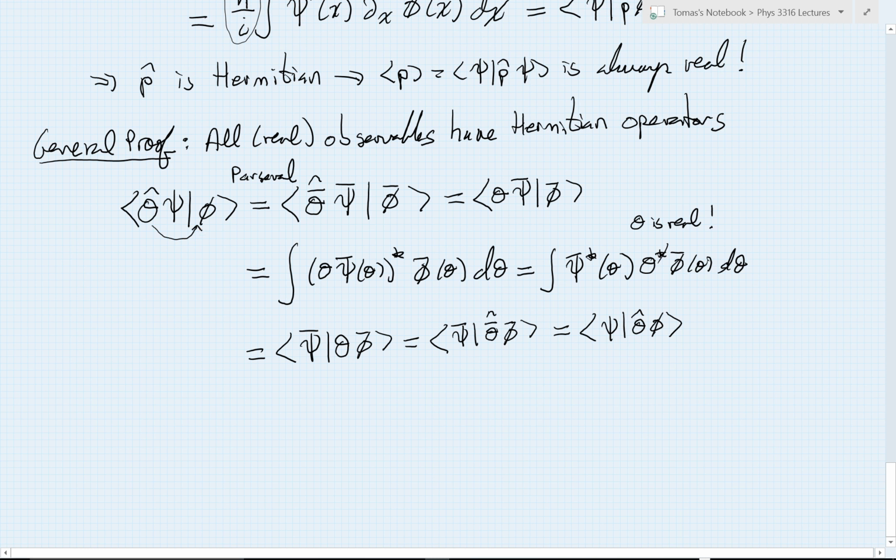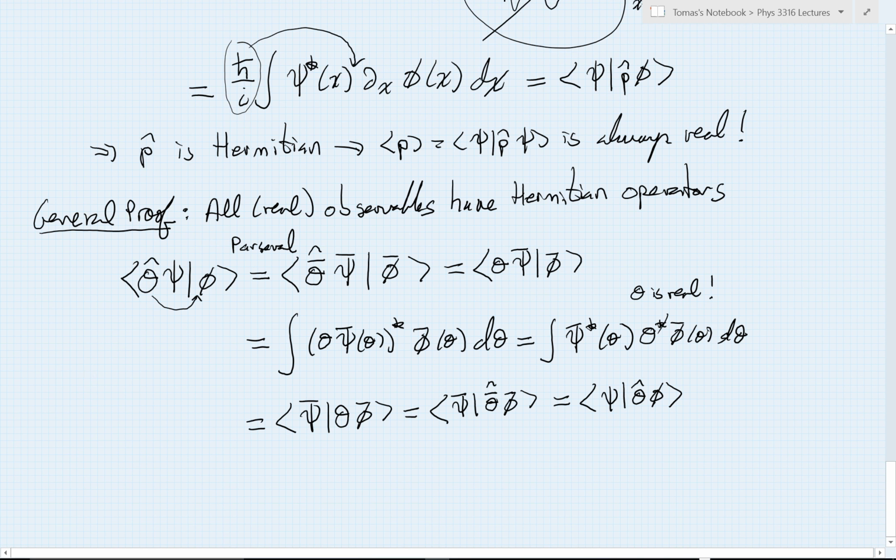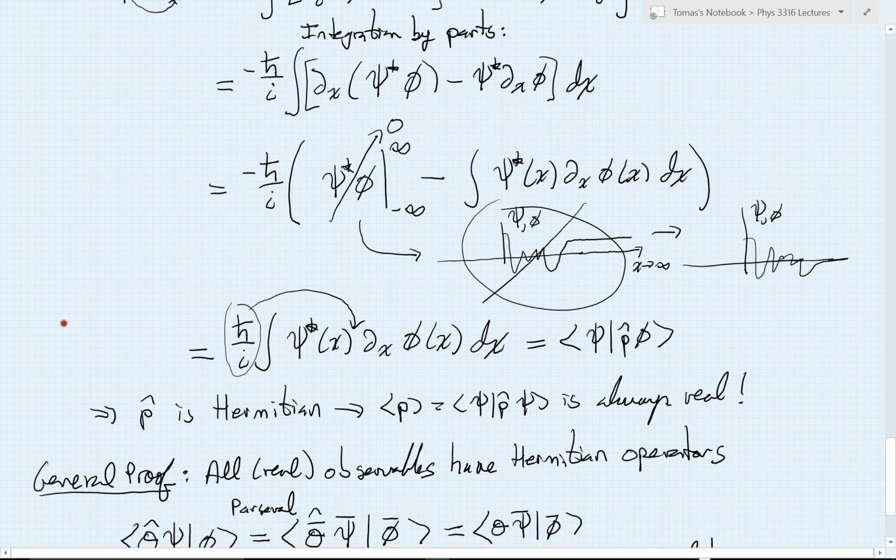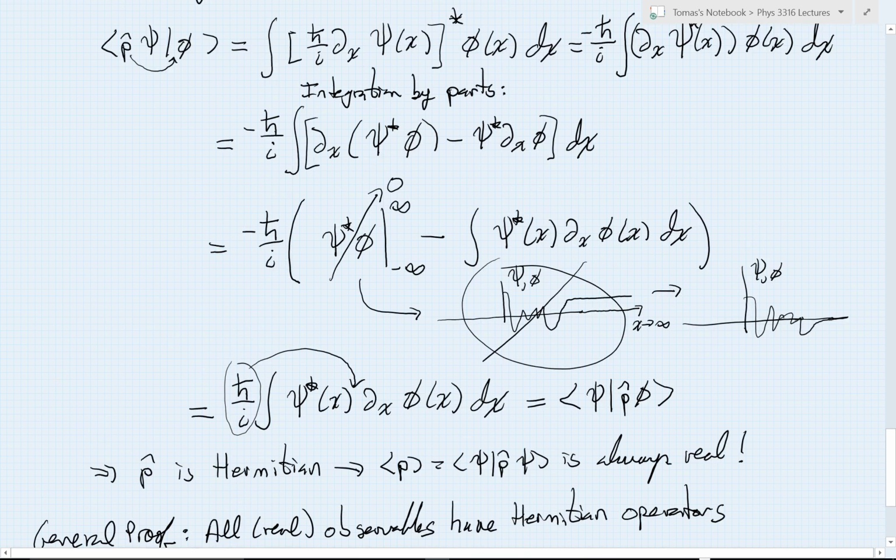So just to review so that the logic is clear, I've now given you a general proof that any real observable should have this property of hermiticity. We actually proved that very explicitly in the real space representation for this somewhat puzzling momentum operator. But after our general proof, this result should not have been too surprising, although it was interesting to see how it was worked out.